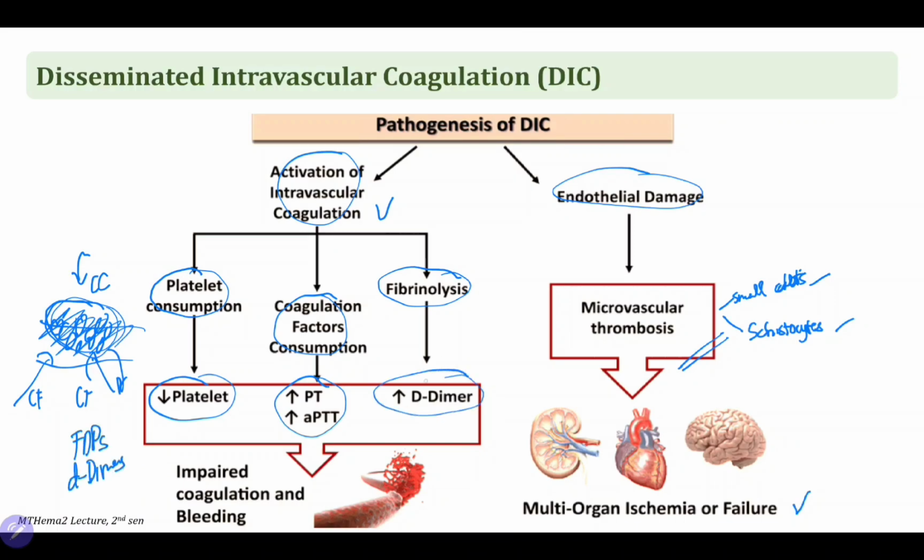Kaya si D-dimers, guys, kapag increased ang levels niya, that means there is increased activity of your fibrinolytic system. Okay, now these three laboratory assessments are important for you to be able to diagnose DIC. Okay, tatandaan yan.